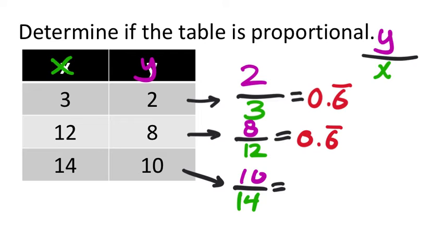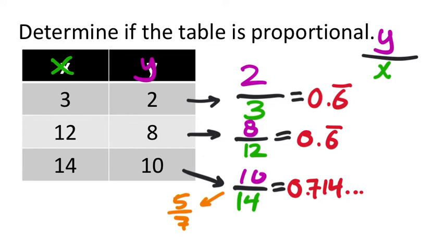Just so we remember, as a fraction, this simplifies into 5/7, which is definitely not 2/3 or 8/12, which means that just from the fractional part of that, I can see that it is not going to be proportional. But just to confirm it, let's look at the decimal, 0.714 and some other garbage.